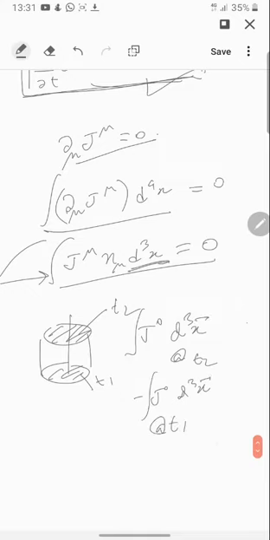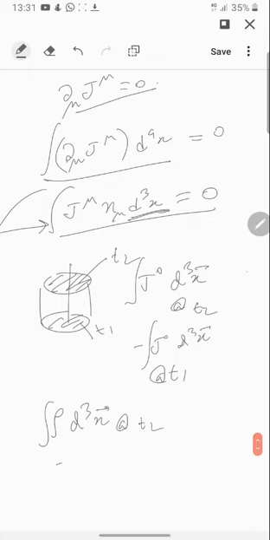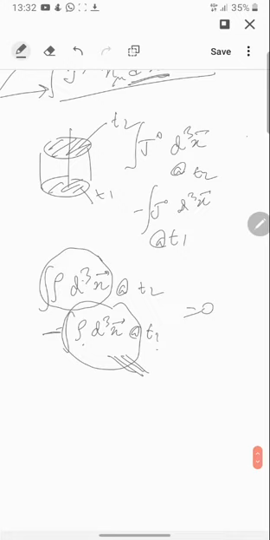This is basically rho d3x, that is charge density integrated over all 3 space at T2 minus charge density integrated over all 3 space at T1. The difference of them is 0, that means the charge density integrated over all space at time T1 is equal to that at T2. That means the total charge at T1 and total charge at T2 are same, and this means conservation of electric charge.